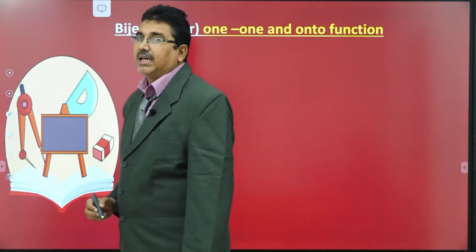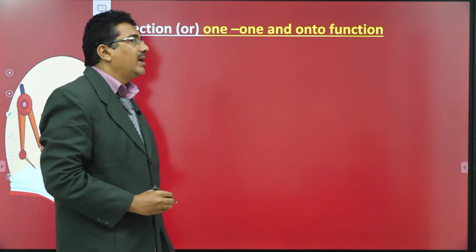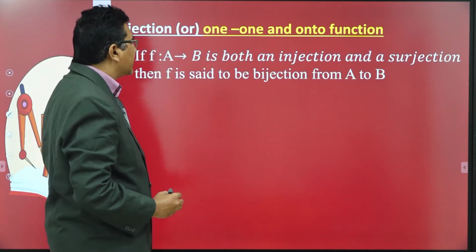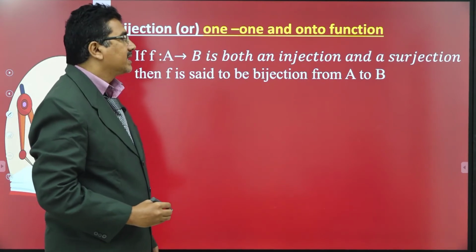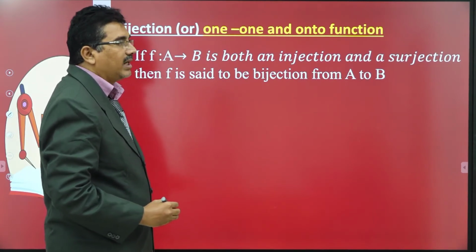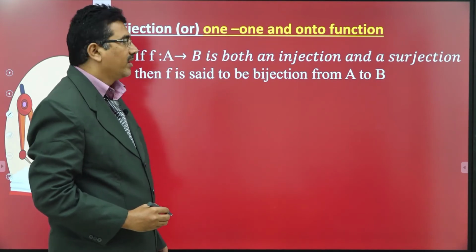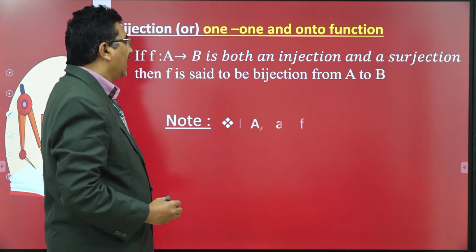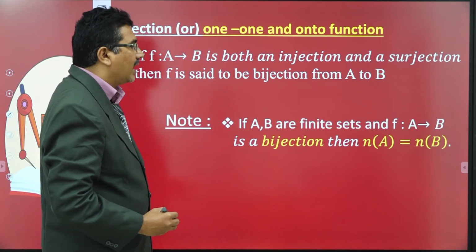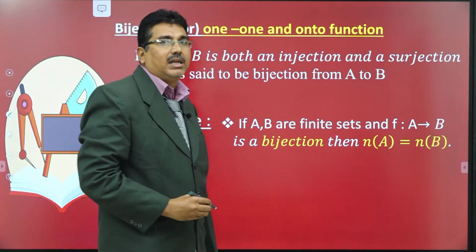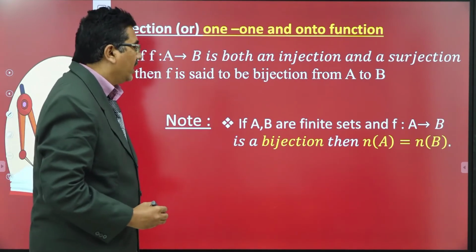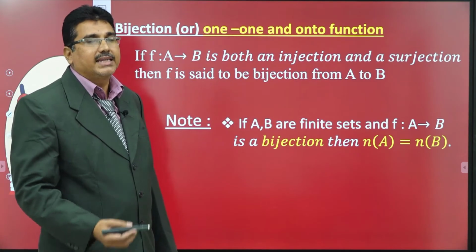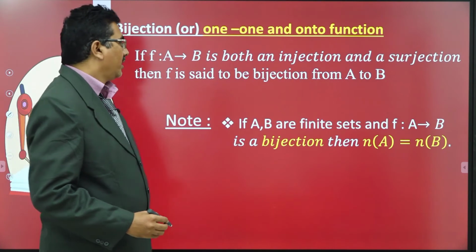A function f mapping from A to B that is both an injection and a surjection is said to be a bijection from A to B. Now observe from the definition, if A, B are finite sets and f mapping from A to B is a bijection, then n of A is equal to n of B.